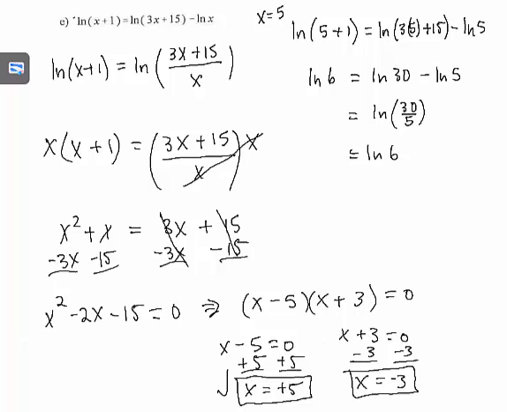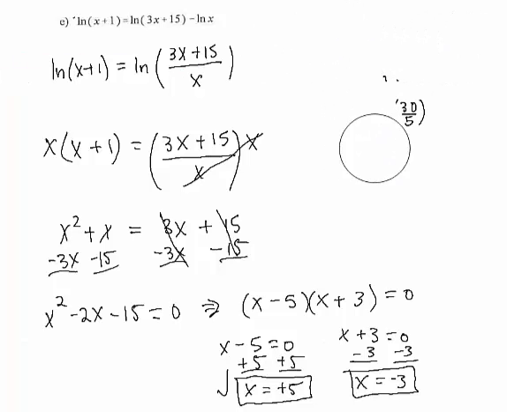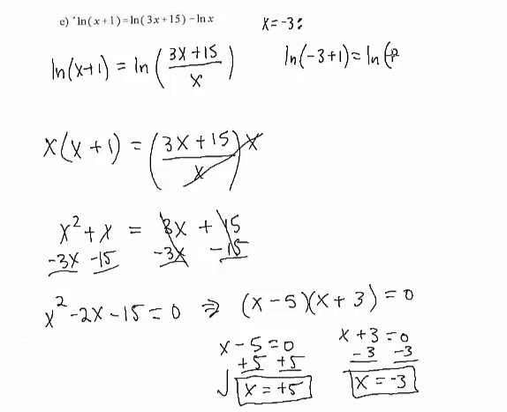Now we'll go back and we will check x equals a negative 3. So we have ln of negative 3 plus 1 equals ln of 3 times a negative 3 plus 15, and minus ln of a negative 3 in the end.